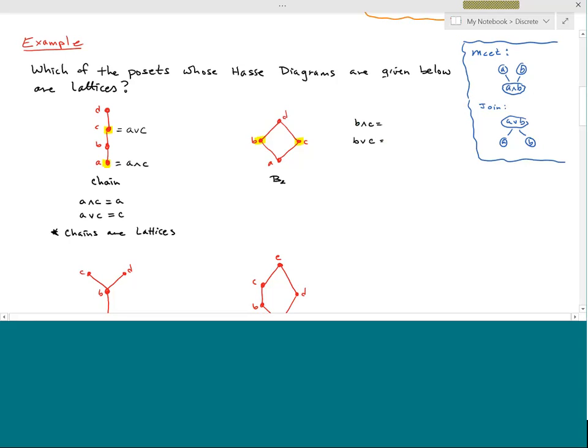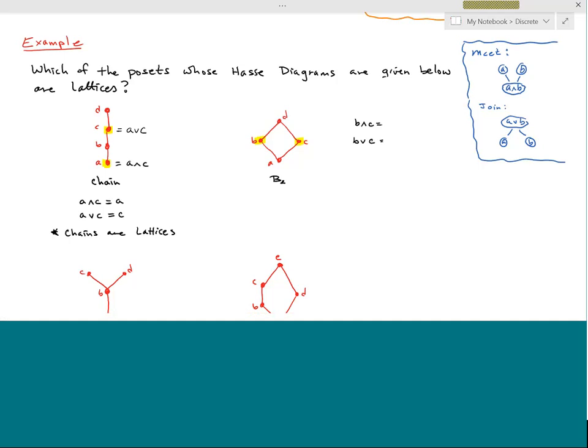Anybody have a guess what the meet would be for this one? And remember, the meet was the greatest lower bound. Now, your only possibilities for answers are the elements of the poset, so A, B, C, or D, or does not exist.